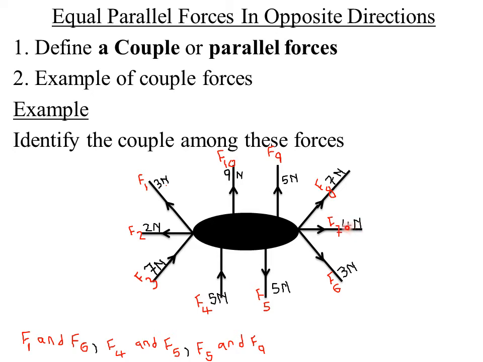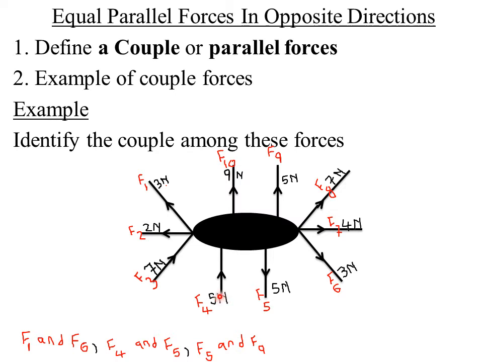So the forces are of different magnitudes. Therefore the forces are not equal. Because they don't satisfy the first condition, we conclude that force F2 and force F7 do not form a couple.